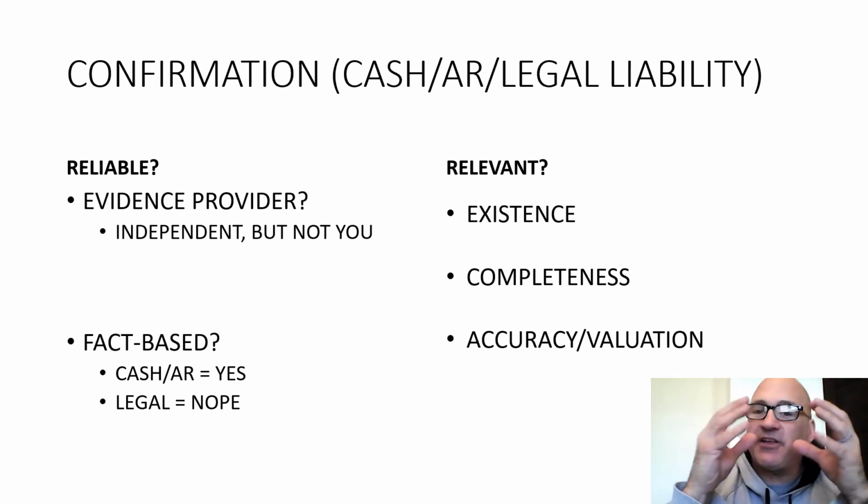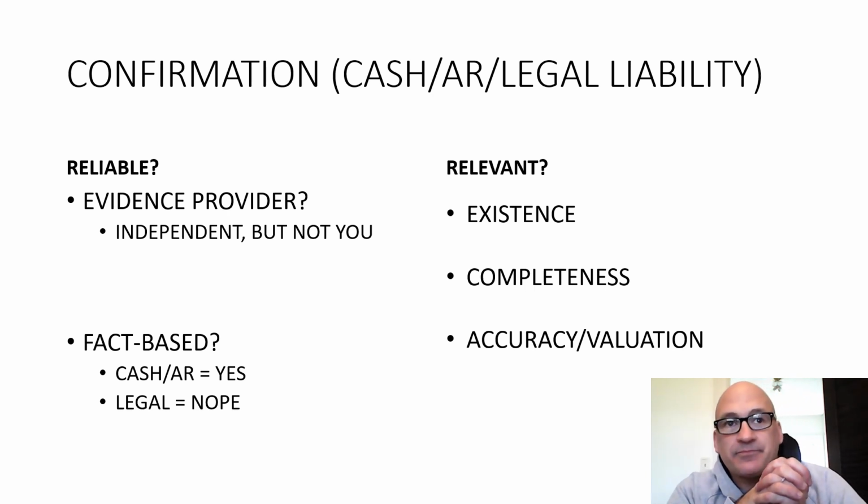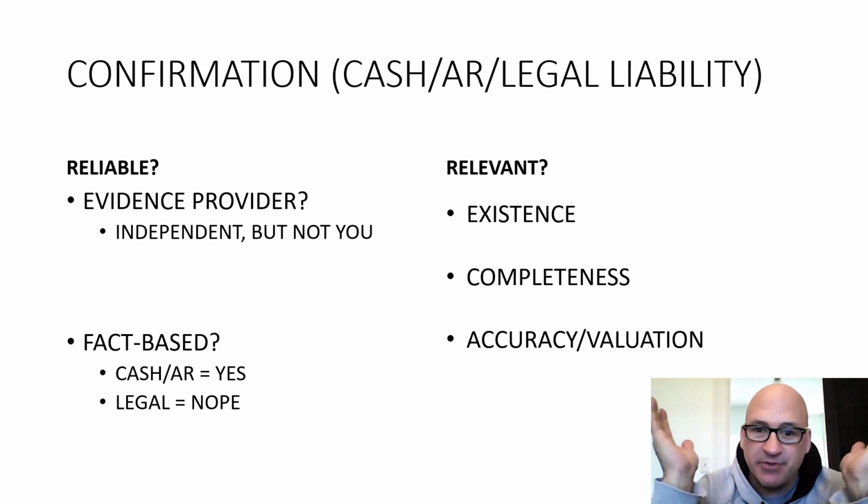So you can have a type of confirmation evidence that is highly reliable in the sense that it comes from somebody who's independent, but not fact-based, because by definition, it's not fact-based. Is the client going to win or lose a lawsuit? Who the hell knows?